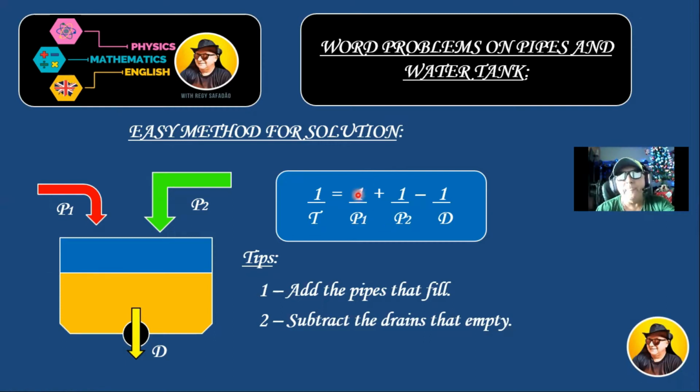You can see 1 over P1 is positive because P1 is pipe 1. And P2 is also positive because P2 is also a pipe. And this is a drain. A drain empties the tank, so it must be negative.